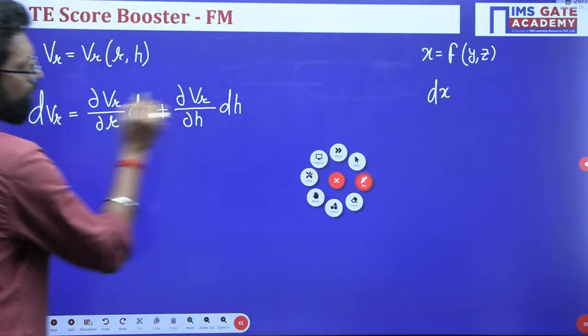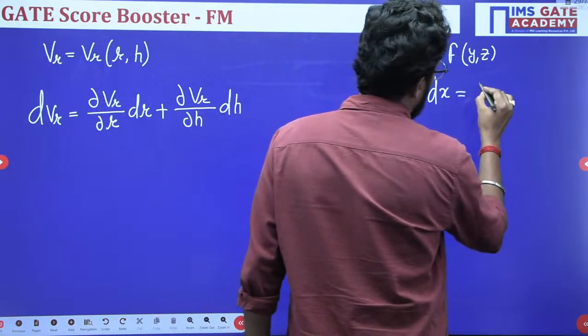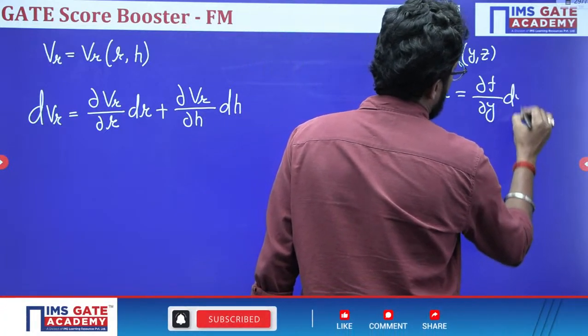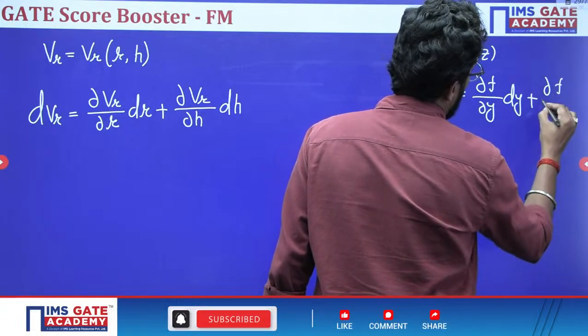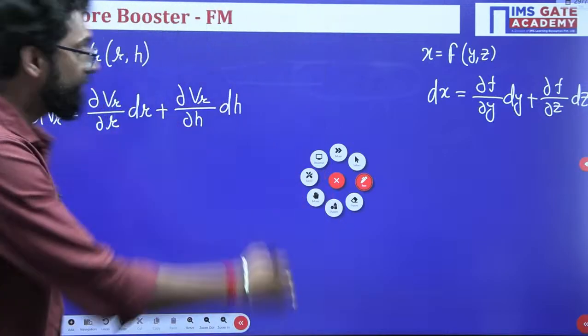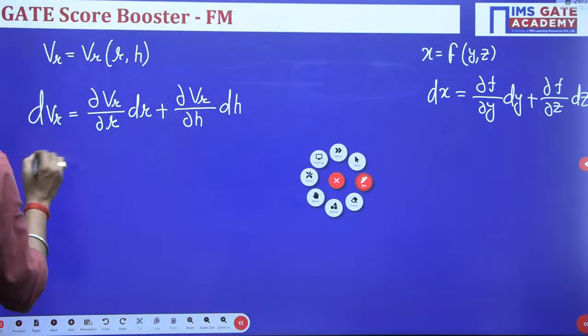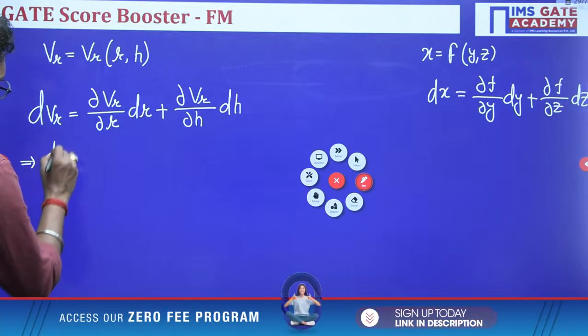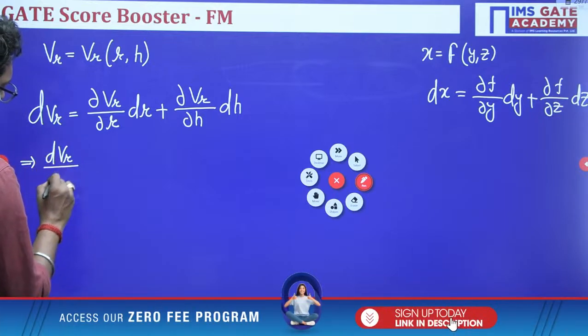Dx is equal to dou f by dou y into dy plus dou f by dou z into dz. Like that we can write. Now, my dear, we have to divide both sides by time, dVr by dt.